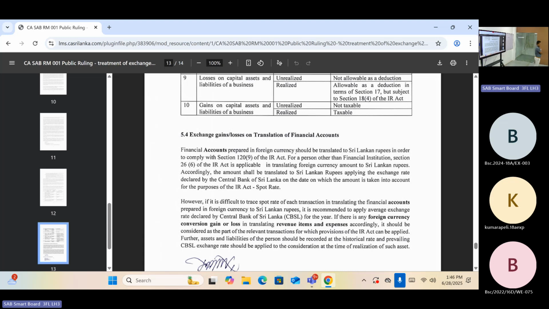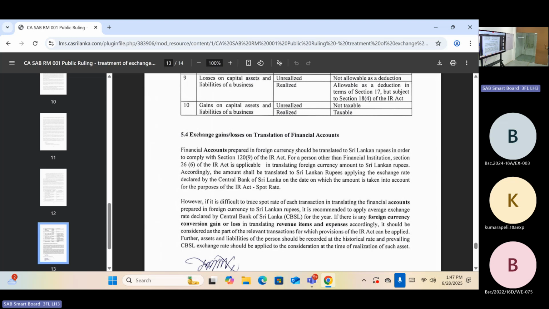You know that in business there should be some transactions happening outside, I mean in an international context. If a transaction happens with another country, there would be an exchange gain or loss impact, and it says how to treat it. It could be that the entire financial statement is prepared in a currency other than LKR.